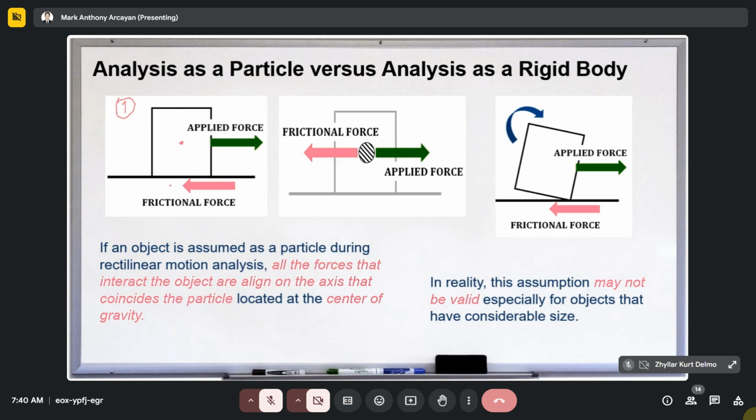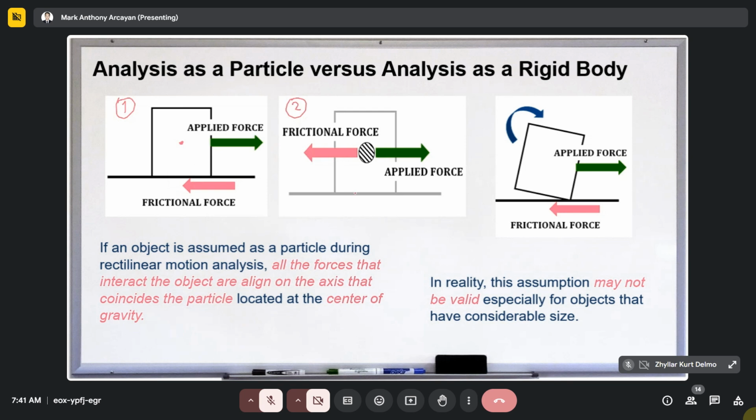But for a particle analysis, we'll assume that all the forces, regardless of its point of application, regardless of its location in our particle, we put all these external forces at the center of gravity as shown in the second figure.